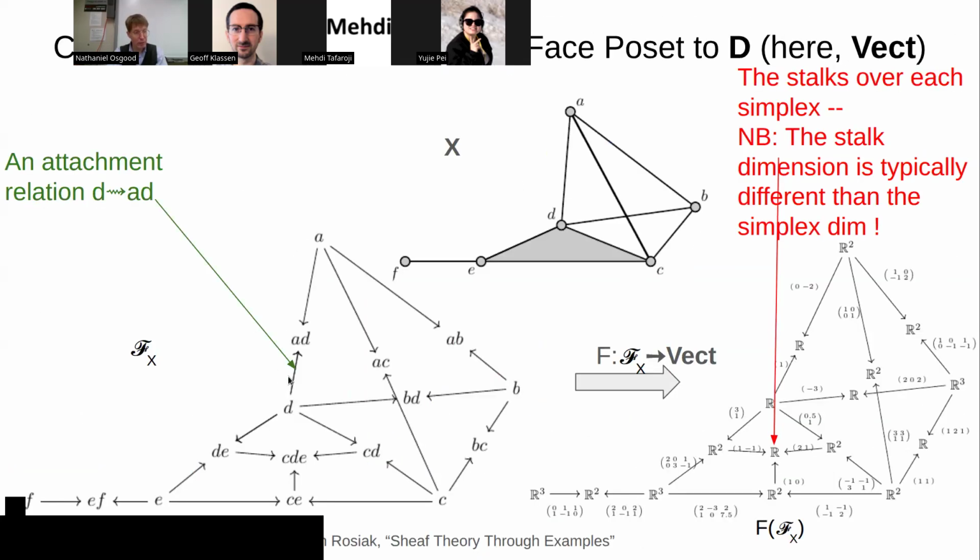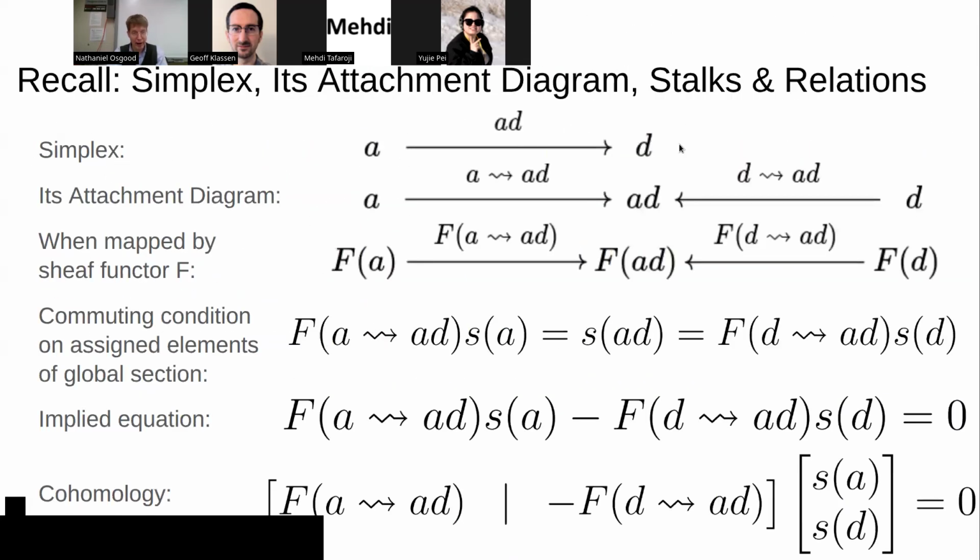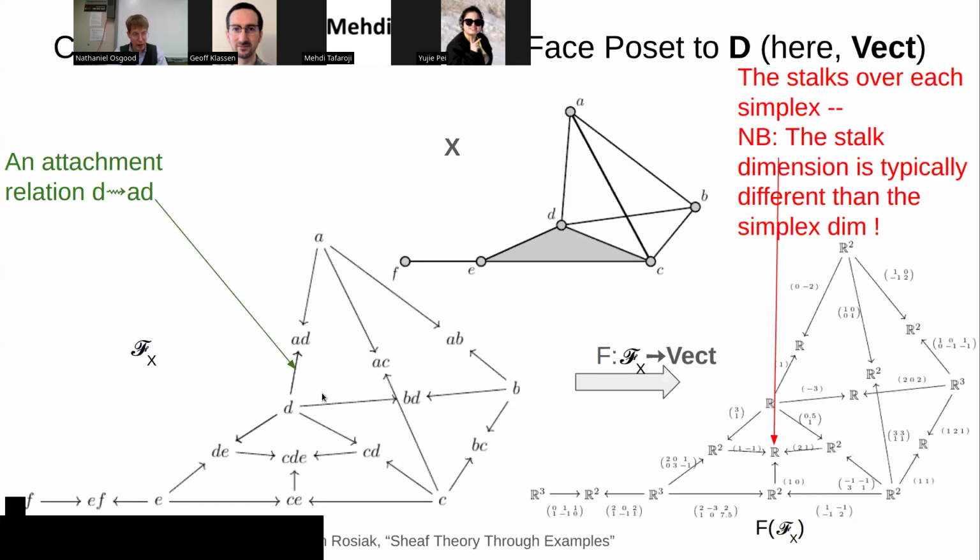I think it's that one. Let me make sure. A and D. It's A and D. Oh, it's this one right here. This was our original simplicial complex. See our edge there? Do you see that edge? Okay, I think you're comfortable with that turning into this.